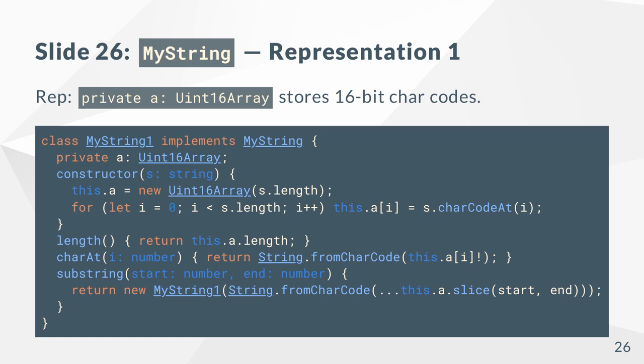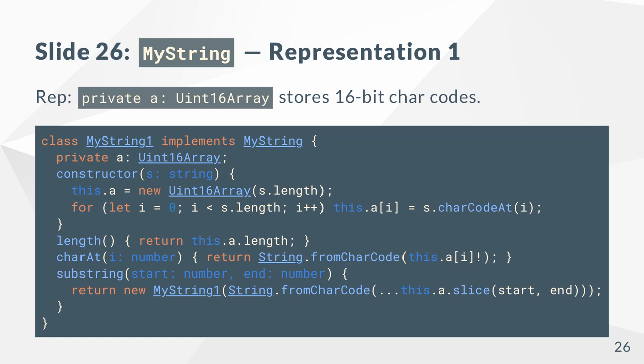The length method simply returns the length of the array. The char method retrieves the character code at index i from the array, then converts it back to a character using String.fromCharCode. The substring method slices the array from start to end, converts those character codes back to a string, and wraps it in a new myString1 object.